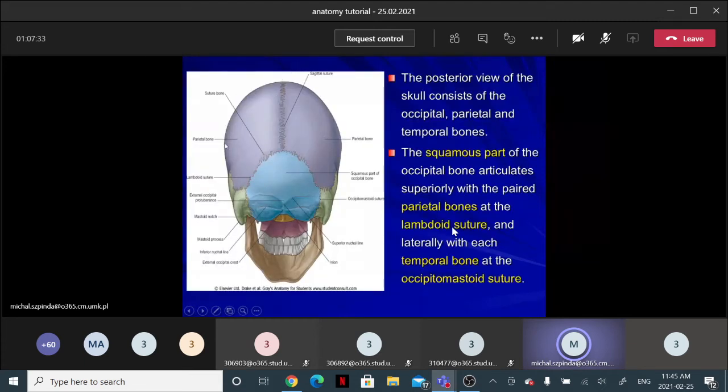The norma occipitalis means the posterior aspect of the skull. The very center is composed of the occipital squama. What's the precise meaning of occipital? Occipital refers to the west, not to the east, but to the west.